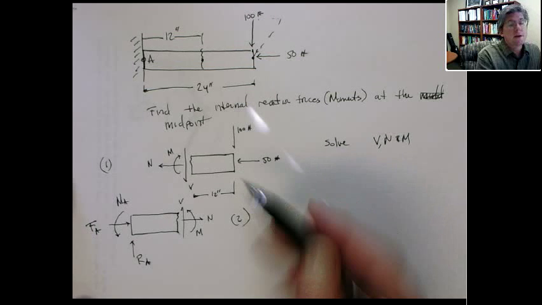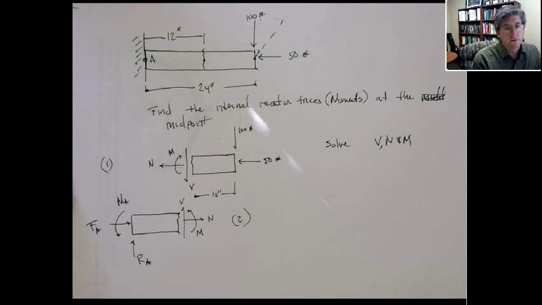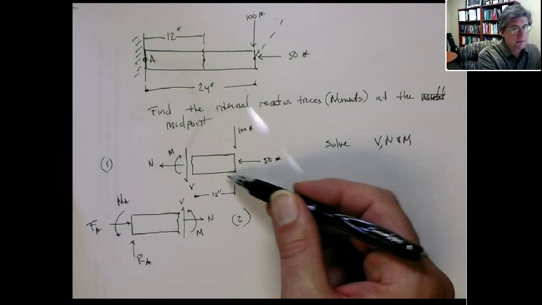The approach is the same either way. You use sum of forces and sum of moments to solve for V, N, and M on each free body diagram. So you want to take care in carefully drawing this.